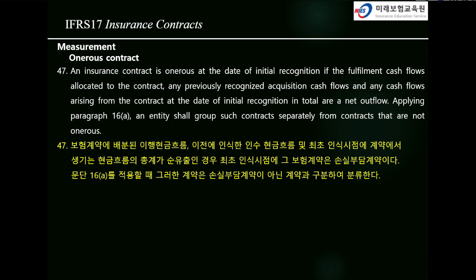If I say it in detail, formula wise, fulfillment cash flow is equal to the risk adjusted present value estimate of future cash outflows minus the risk-adjusted present value estimate of future cash inflows.